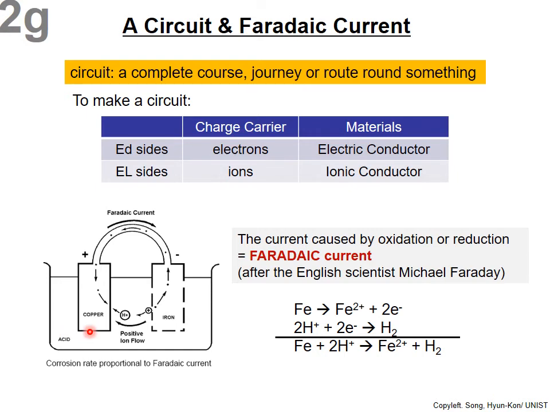So in this case, iron is oxidized, so Fe2+ is generated, and also extra electrons are generated. These electrons are moving through the metal wire and then finally reach the other electrode, in this case the copper electrode.